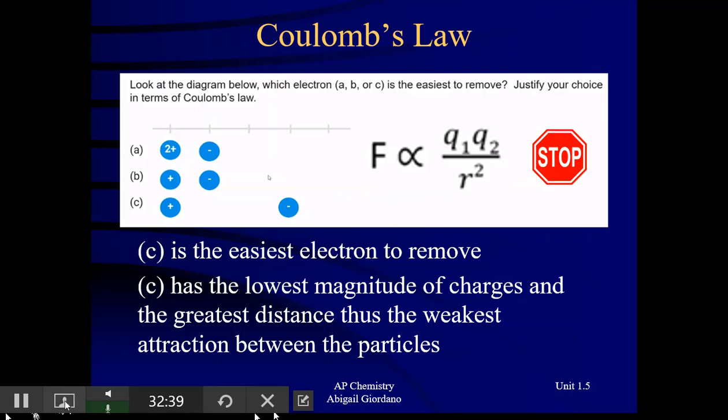So you will often see Coulomb's law referenced, especially in free response questions. And it will very often be referenced in explain your answer using the concept of Coulomb's law. If you can write out the equation for Coulomb's law, great, but you still have to explain it.